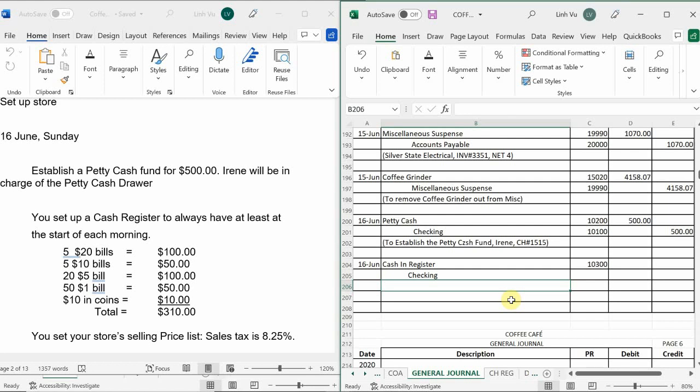Irene will simply be in charge of running the cash register and the petty cash drawer. So how is she going to be able to get this exact change?